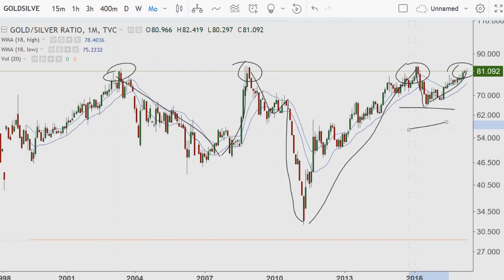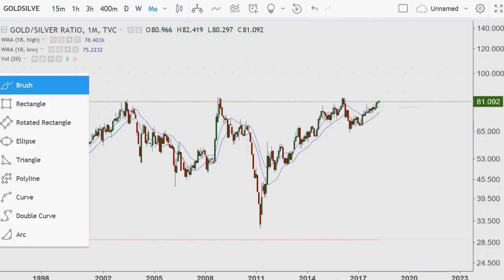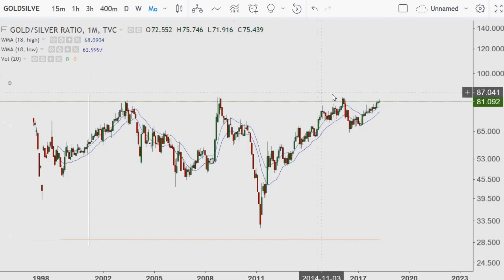Okay, give me a second. I'm going to remove the drawing tools and have this set up properly. And if say gold had a huge like 30-ish% move, and silver had like a 6 or 8 or 10% up move. Well, if this gains 20%, then we're talking about going maybe too close to 100. So maybe the market does something like this.